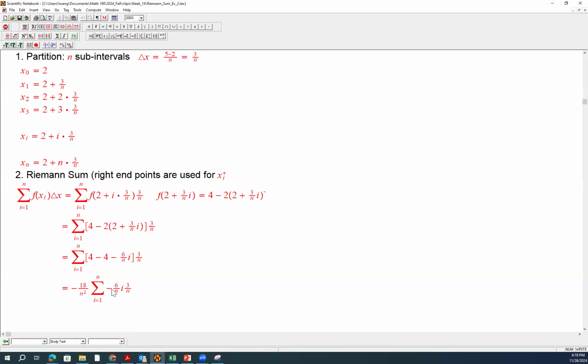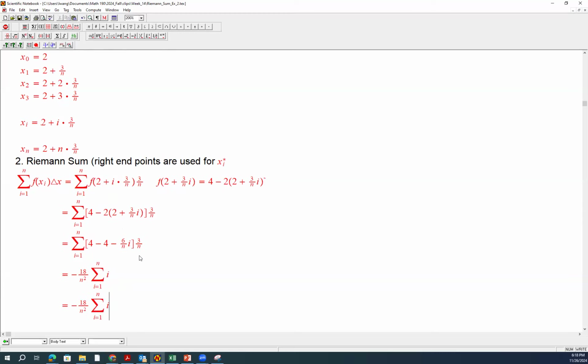This piece is out, and that piece is out. And the remaining sum, we just use one of the formulas, so that piece will be replaced by n times n plus 1 divided by 2.